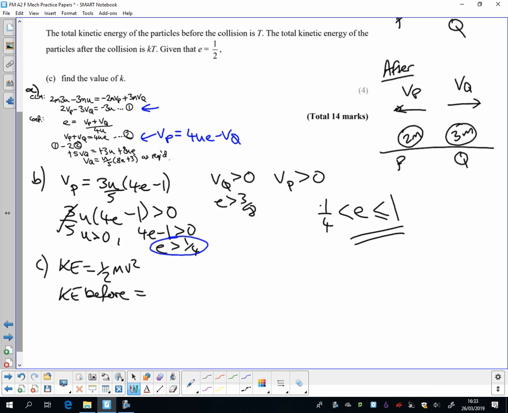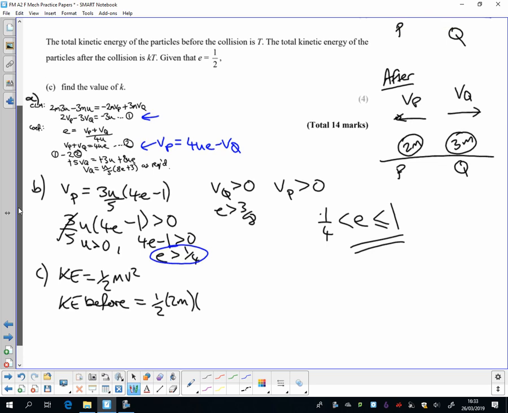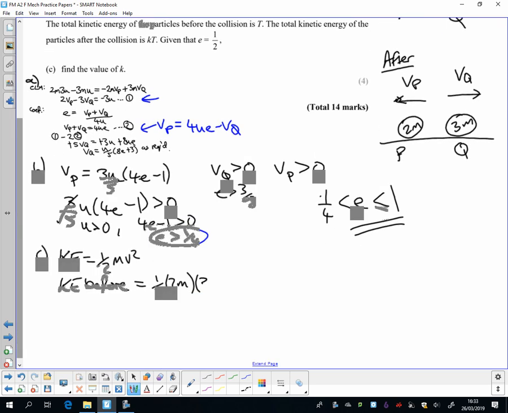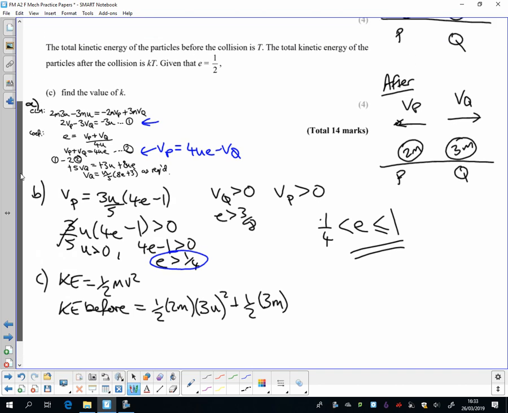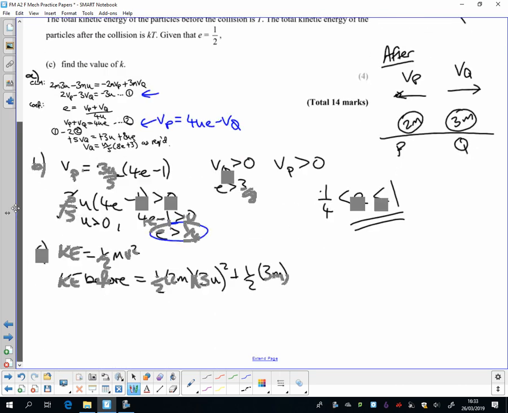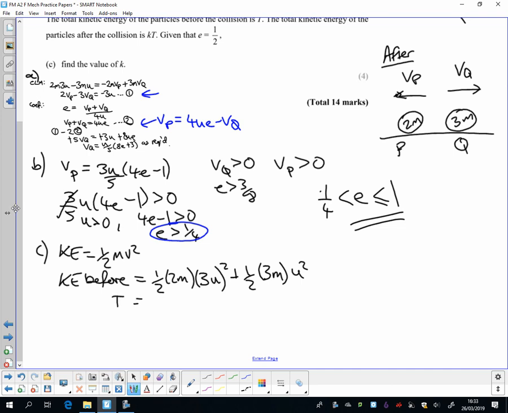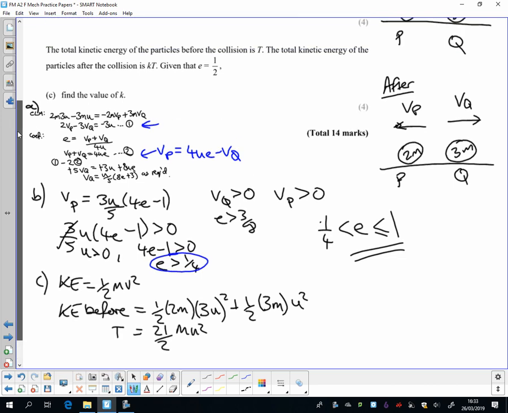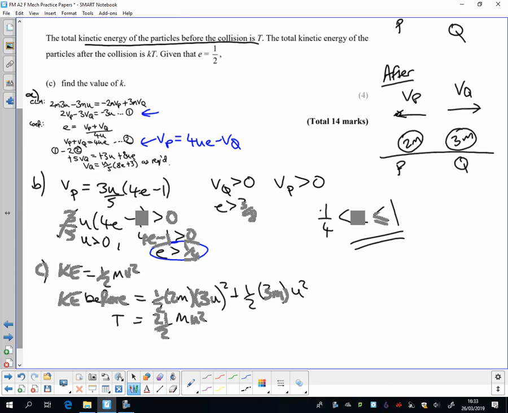I just deal with both particles, so a half, P has mass m, and before, if you go back to your before diagram, it's got speed 3u, and a half, particle Q has mass 3m, and before it has the speed of u. It doesn't matter about the directions, because if you square a negative velocity you're going to get a positive anyway. So that's T, and if you simplify this side you can get 21/2 mu squared, and that was called T. Afterwards it's K times T.